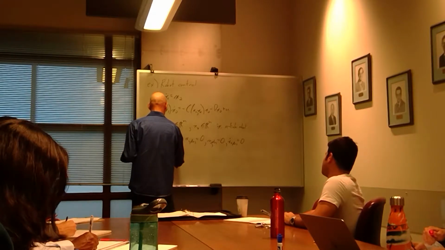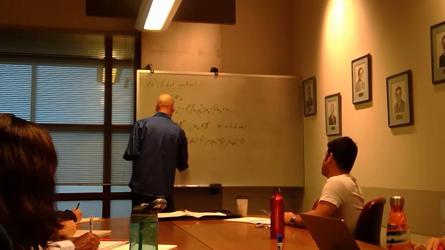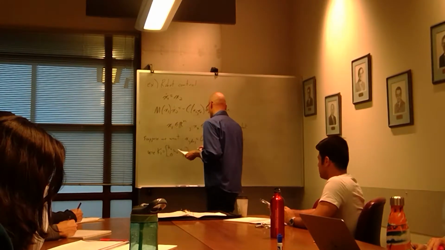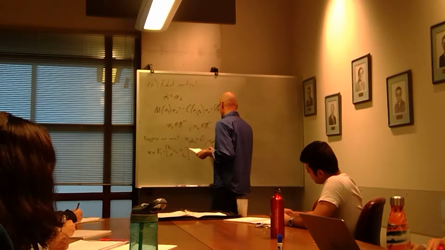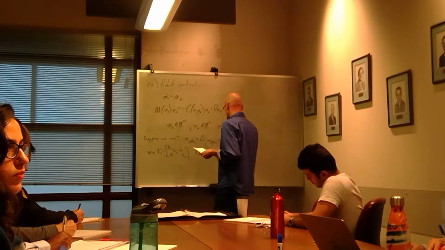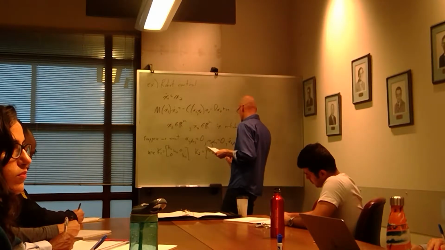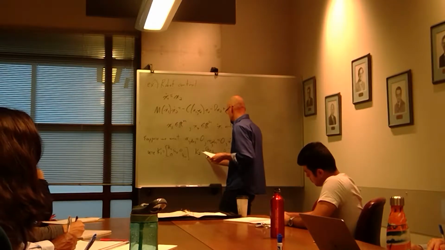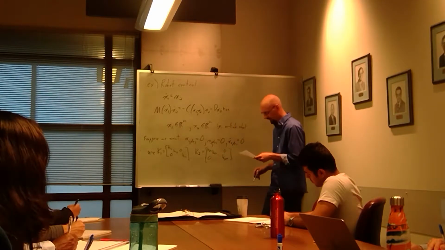I'm going to pick some gains on the diagonal of K1 and some gains on the diagonal of K2, so just two diagonal matrices of gains.